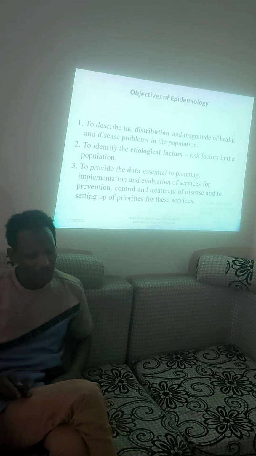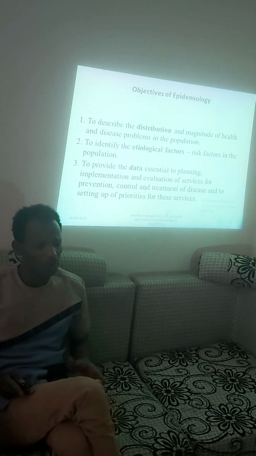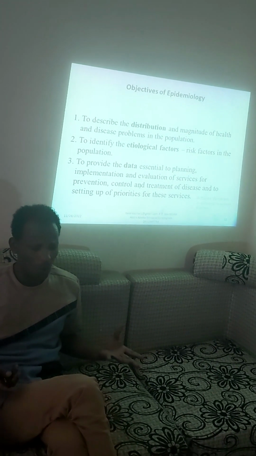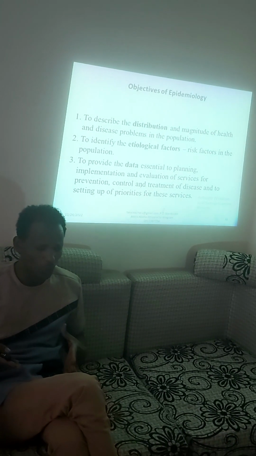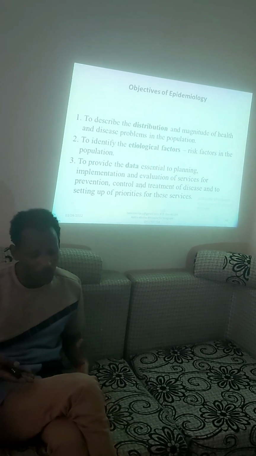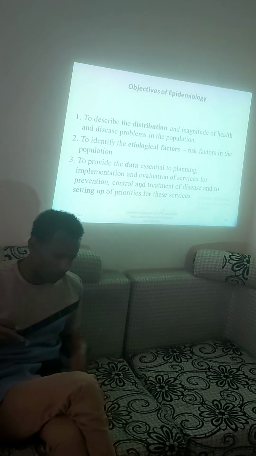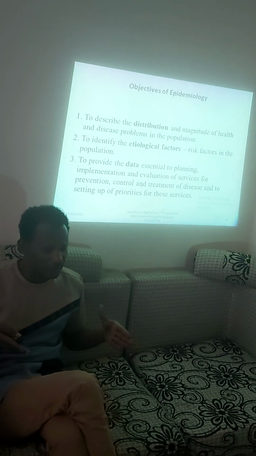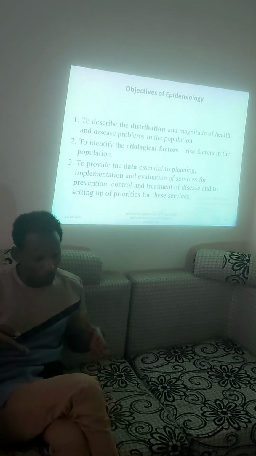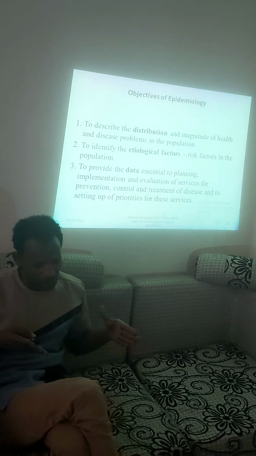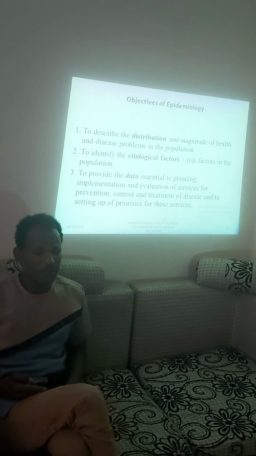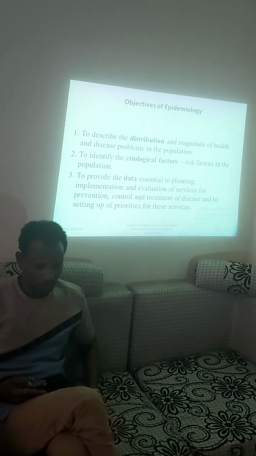Among the several objectives of epidemiology, there are three parts. The first objective is to describe the distribution and magnitude of health and disease problems in the population.